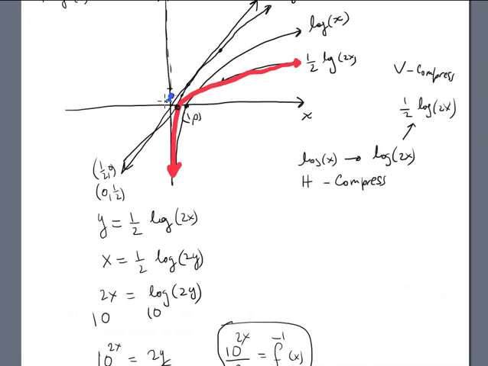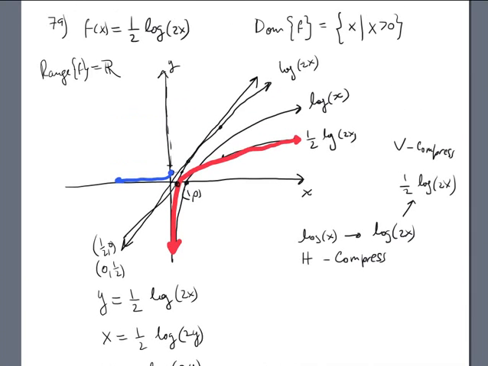Obviously we have the horizontal asymptote, symmetric about the identity line. This is the graph. It corresponds with the inverse function, 10 to the 2x over 2. Okay, the inverse.